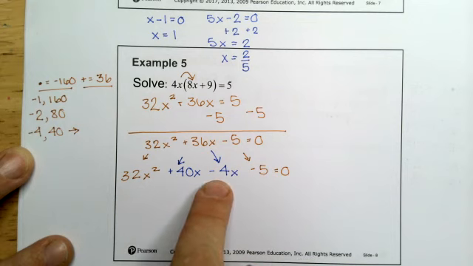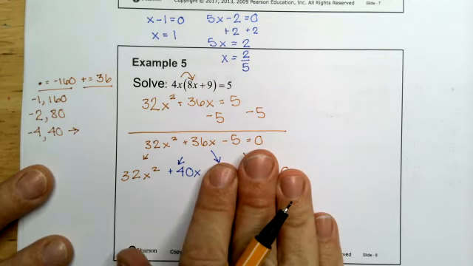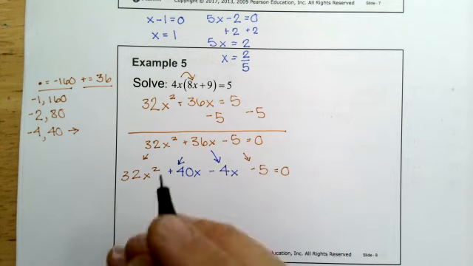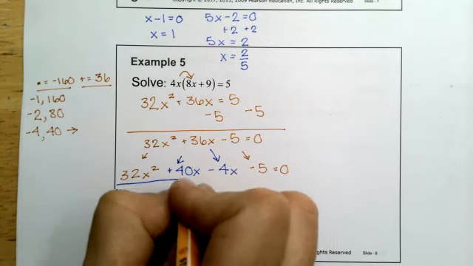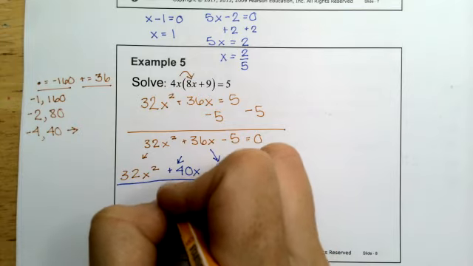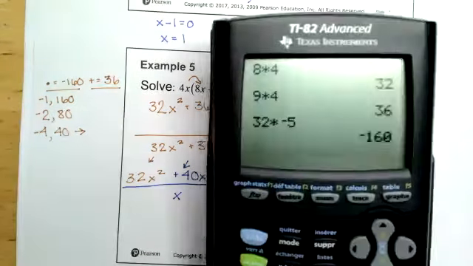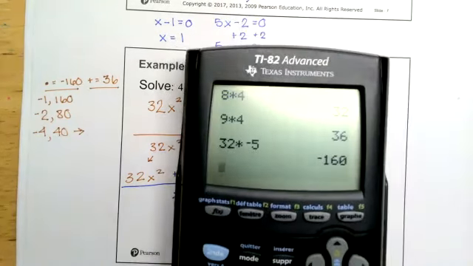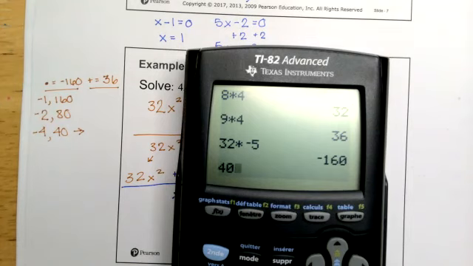36 is 40 minus 4, but now I can factor by grouping. Good? All right. So 32x squared and a positive 40x. I know I can divide them by x. What's something that is common to both 40 and 32? I can take 40 and divide it by 4, right? Can I take 32 and divide it by 4? Yes, I can.